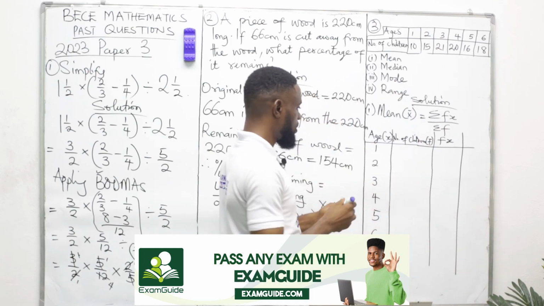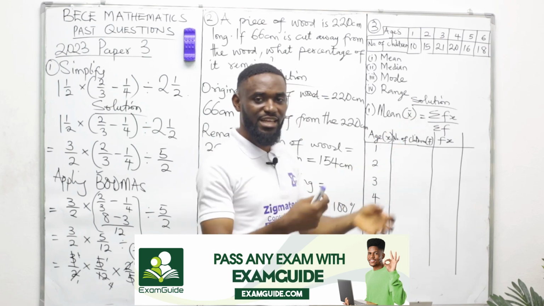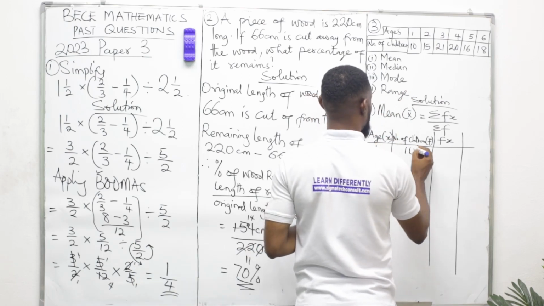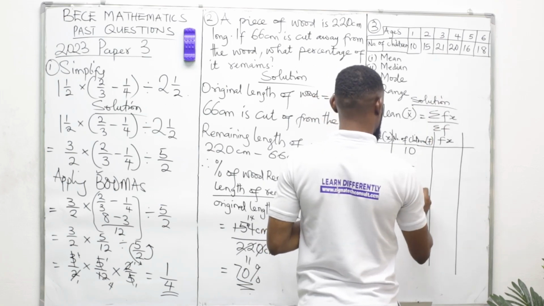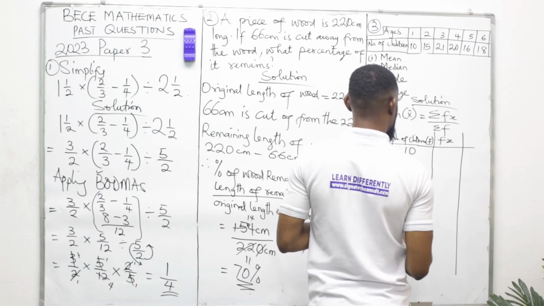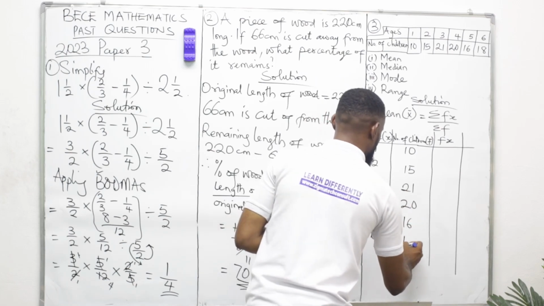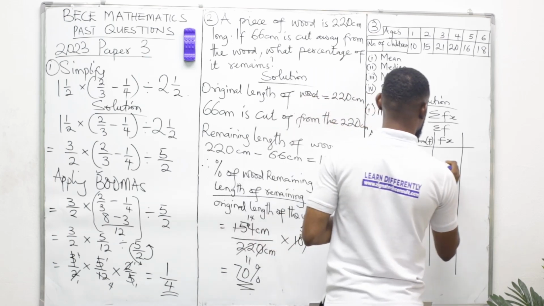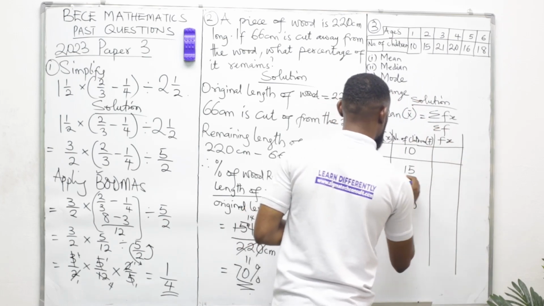So the first one is x, which is the ages of the children. Second one is frequency, how many times they occur. So these two they have given to us. For 1, they gave us 10. For 2, 15. For 3, 21. For 4, 20. 5, 16. And 6, 18. So let's have this.